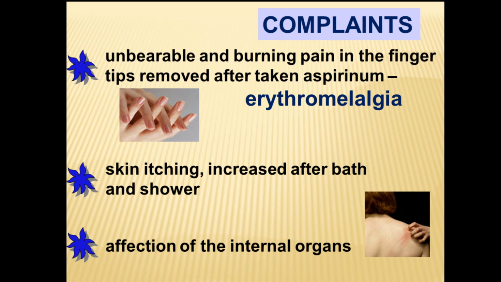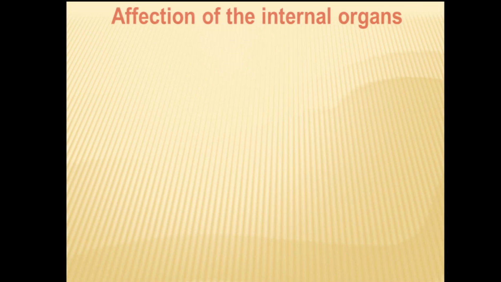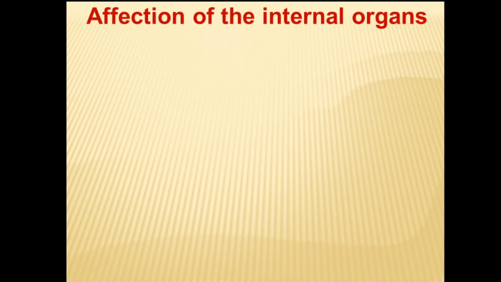And affection of internal organs due to specific thrombosis. It's not true thrombosis due to increased coagulative blood properties and formation of thrombus. It is specific thrombosis due to stagnation of erythrocytes. But the patient enters the hospital with clinical thrombosis of any kind.